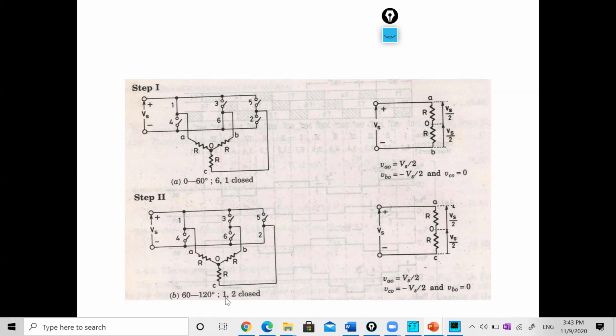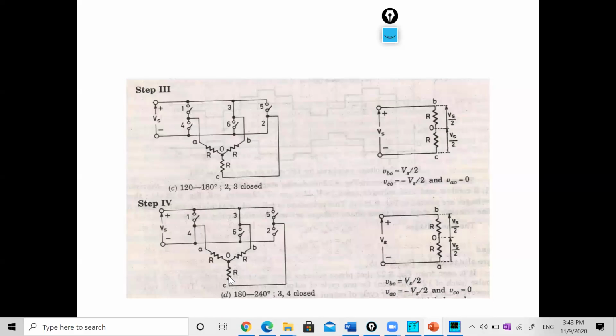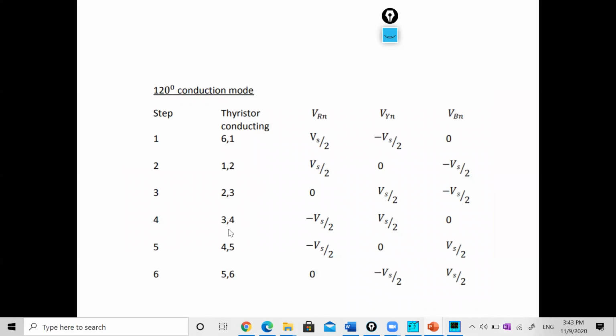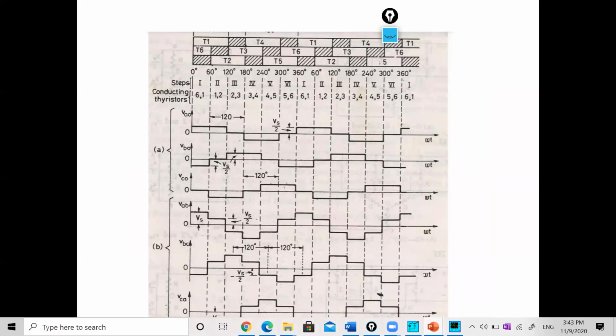Similarly, during 60 to 120, 1 and 2 are closed. 6 is now open circuited. 1 is from the upper half, so this is Vs by 2, and this is VAN, and the lower half voltage, VBO, will be 0, and VCN will be again minus Vs by 2. So at a time, two transistors are conducting, and likewise, by taking the difference of these two phase voltages, I can easily find out the line voltages as well.